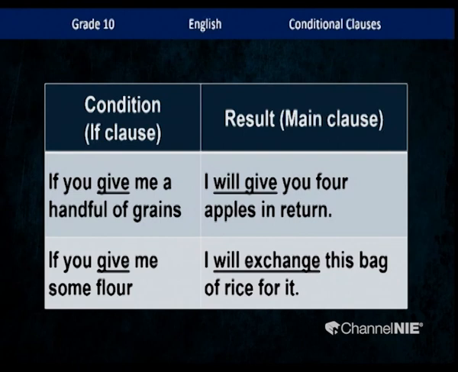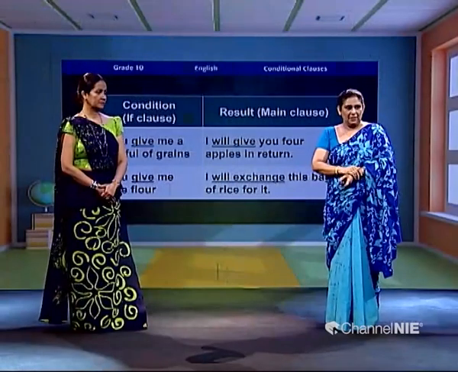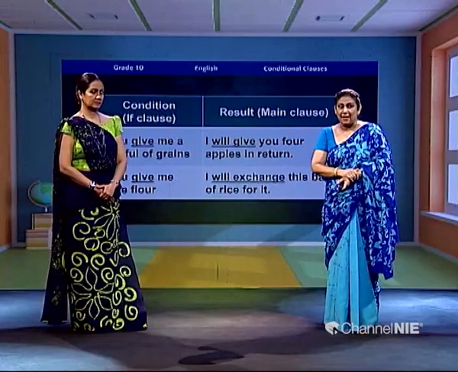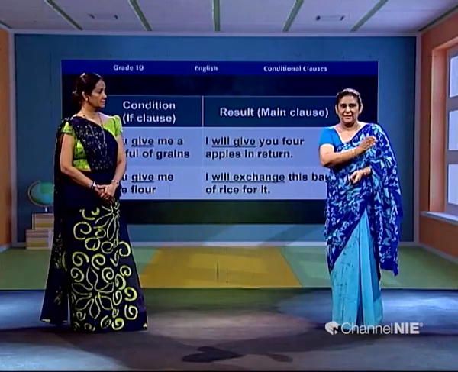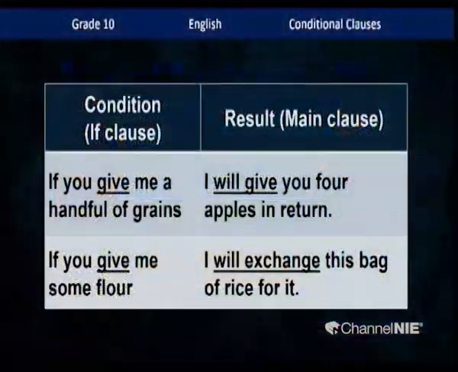That is the result. And the same thing we can say in the other dialogue also. If you give me some flour, I will exchange this bag of rice for it. Condition and the result.